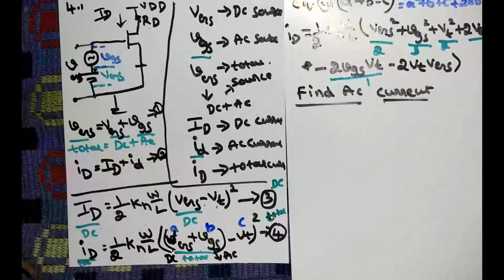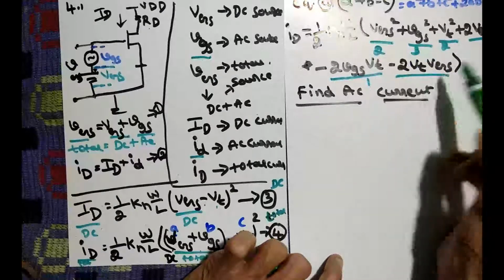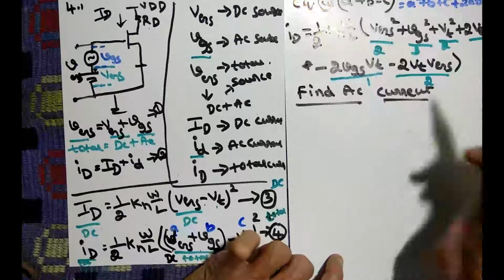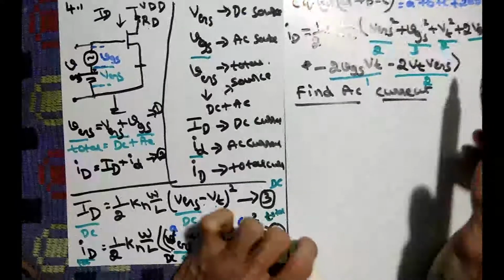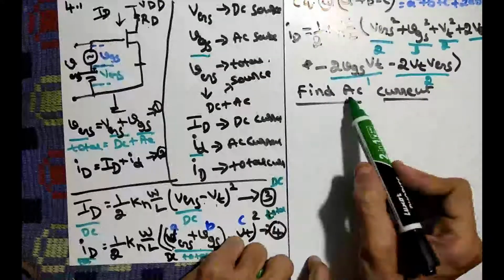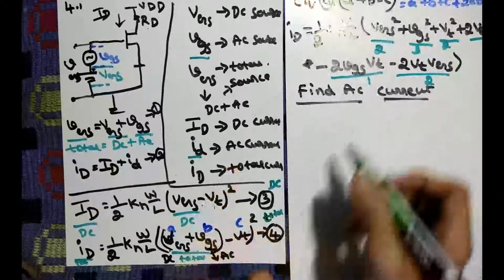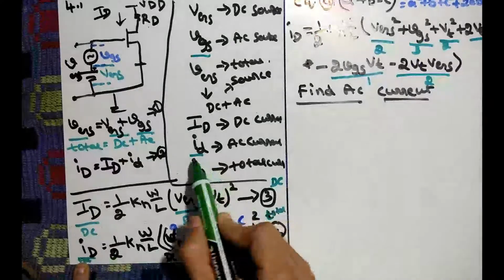So we are making it as 3 varieties. One more, this is 2 VT into VGS, we are calling it again as a second step, because the small VGS is not there. The very important portion is, our aim is to find the AC current. So we are looking for the AC portion, that is nothing but ID in a small portion, small ID.